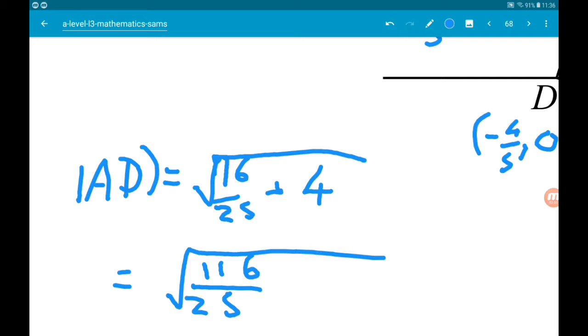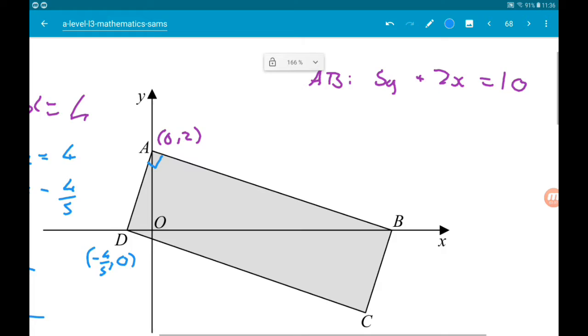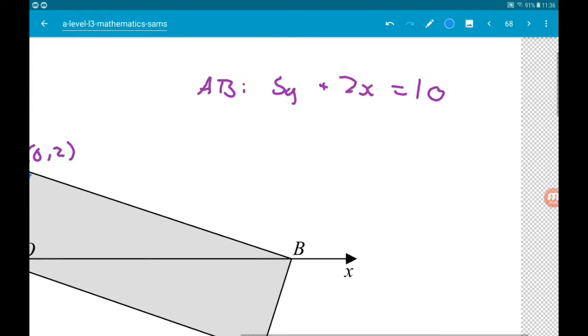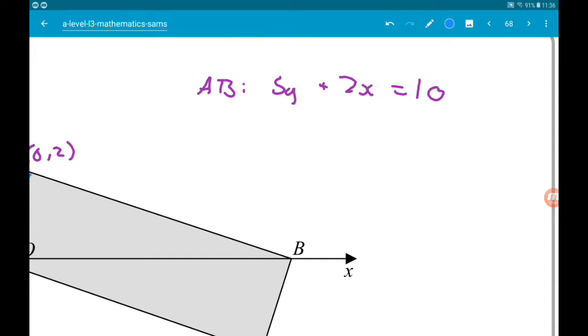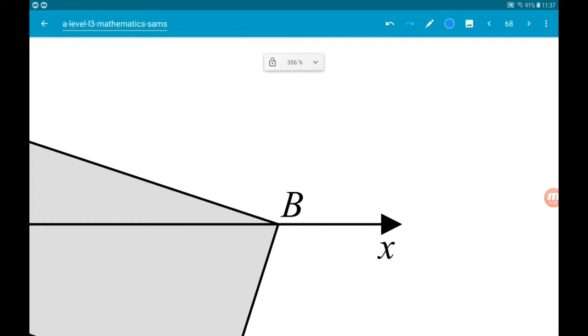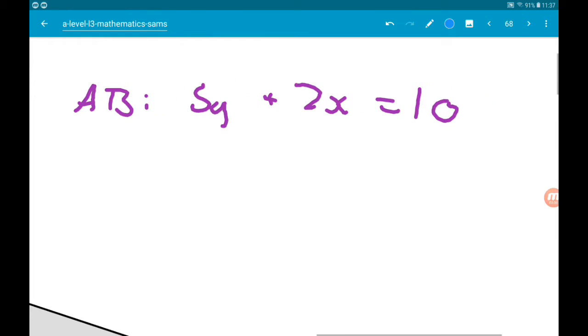Okay, so I'm going to leave it like that for now. And then we need to find the length of AB. Now we know the equation of AB is 5y add 2x is equal to 10. Now we know down here y is equal to 0. Now when y is equal to 0, we get that 2x is equal to 10.